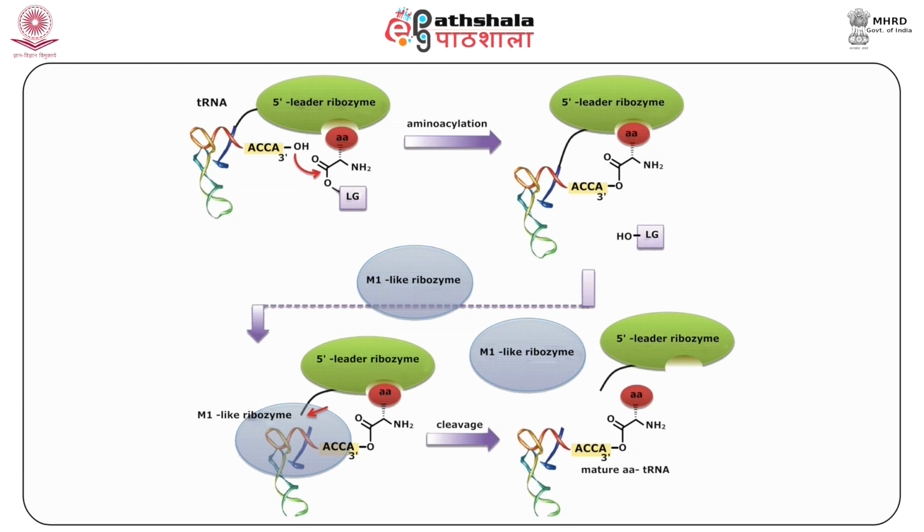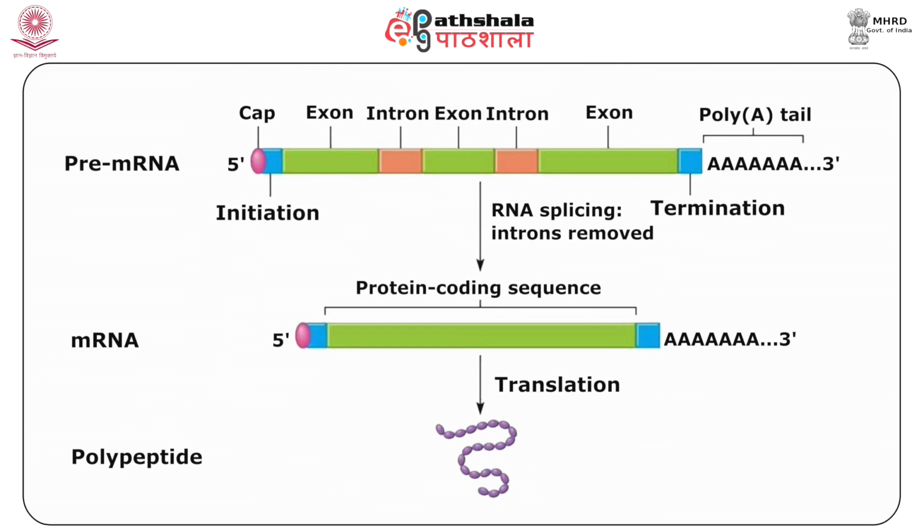The anticodon forms 3 base pairs with the codon in mRNA during protein biosynthesis. The mRNA encodes a protein as a series of contiguous codons, each of which is recognized by a particular tRNA.